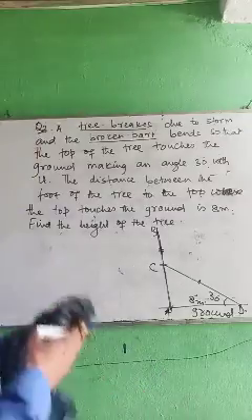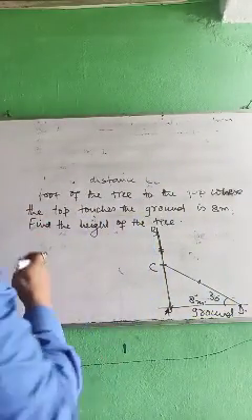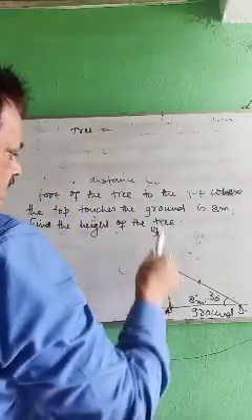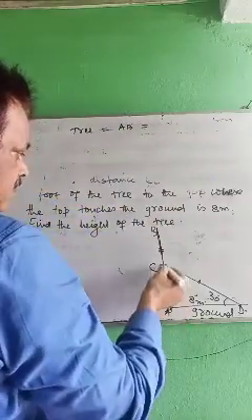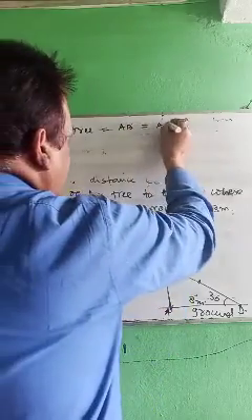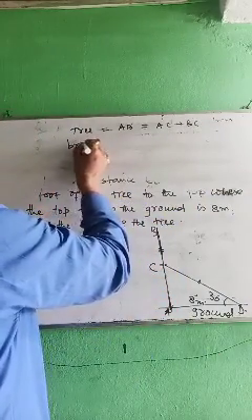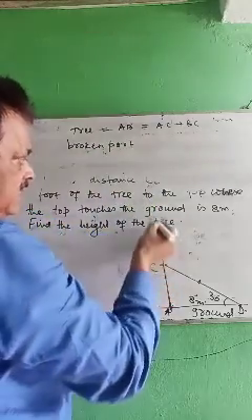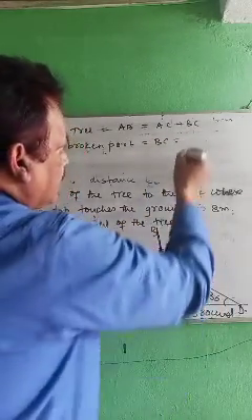So you can write: tree is AB, so AB means AC plus BC. The broken part is BC, and BC has become CD.